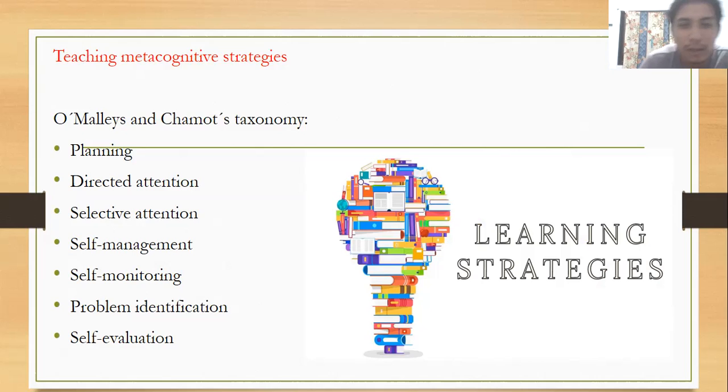But we have to know that there is a lot of information that makes emphasis on cognitive and metacognitive strategies. Cognitive strategies involve interacting with the material that is going to be learned, the manipulation of this material, if it is mentally or physically, and applying a specific technique to learn the task.